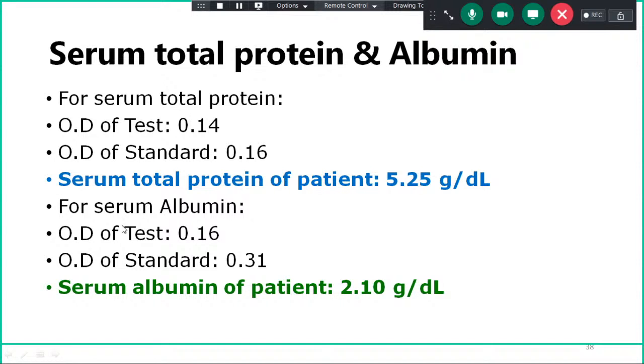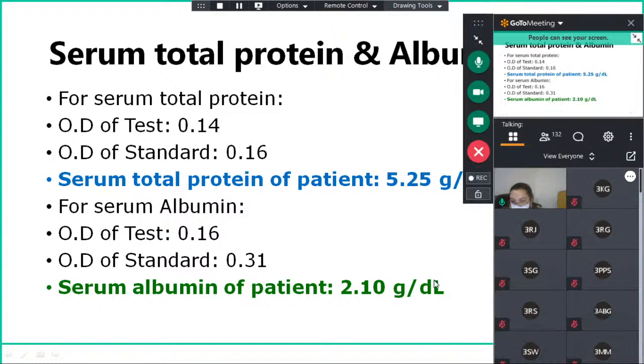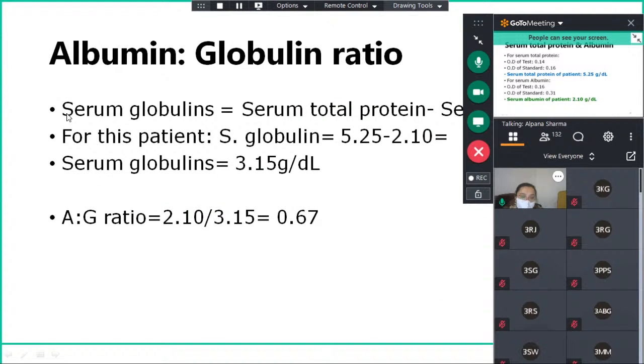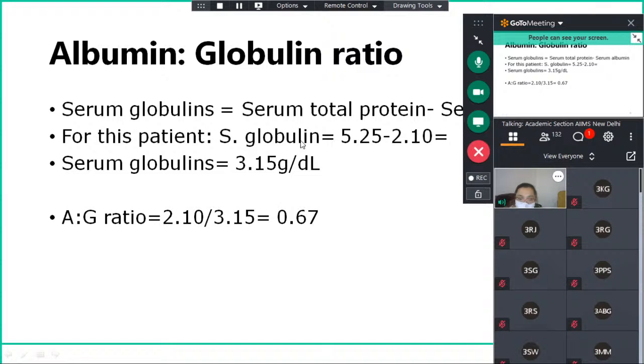For serum albumin, OD of test divided by OD of standard into the concentration of protein, which is 4 gram per dl, so the serum albumin of this patient is 2.10 gram per dl, which is hypoalbuminemia. Serum globulin is serum total protein minus albumin, which is 3.15 gram per dl, and the ratio here is 0.67.